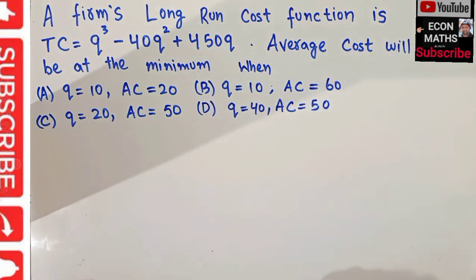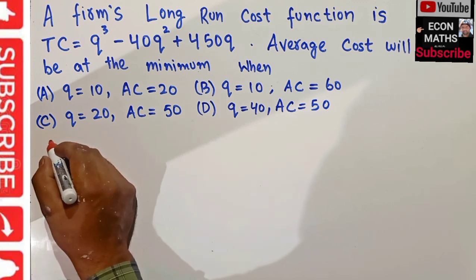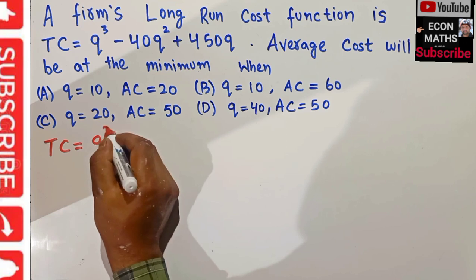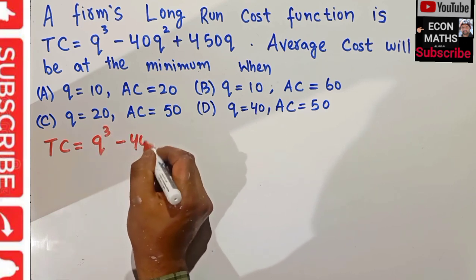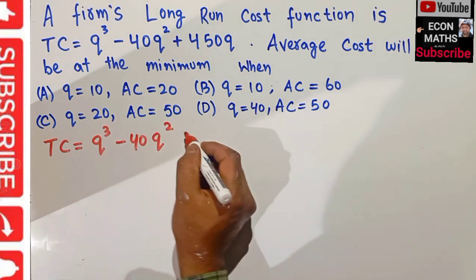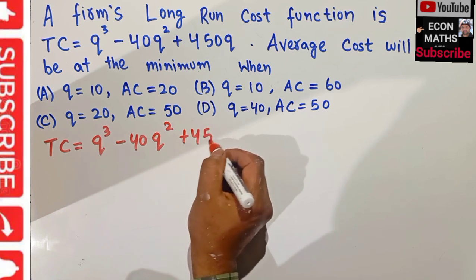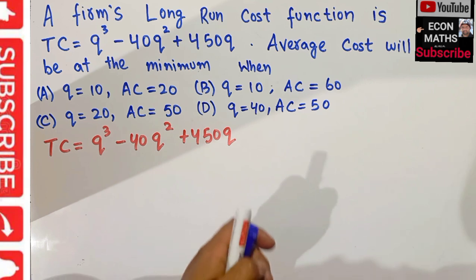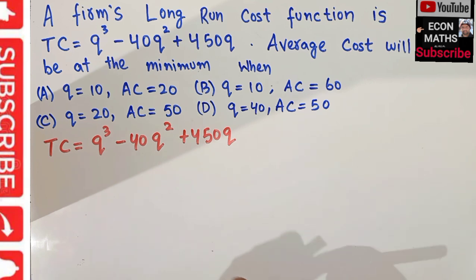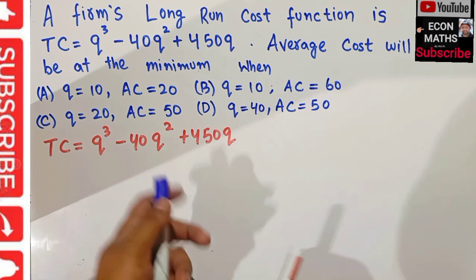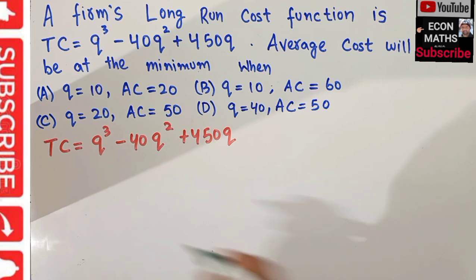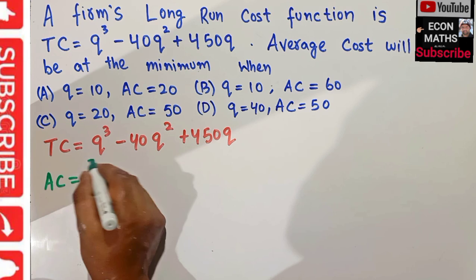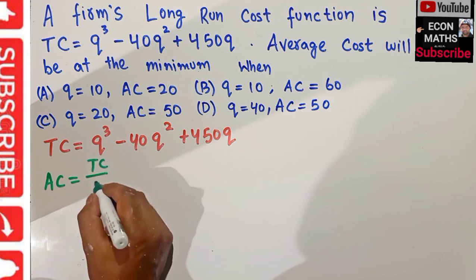Okay, so basically what we are being given, the total cost function is q cube minus 40 q square plus 450 q. To find out the minimum average cost, the level where average cost is minimum, first we need to find out the average cost. Obviously, average cost is simply total cost upon output.